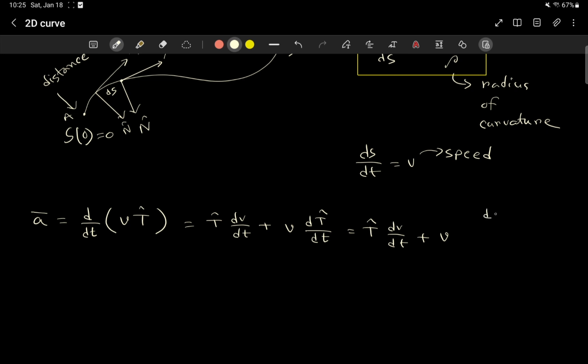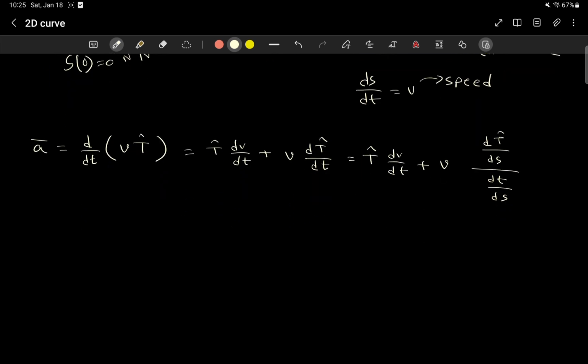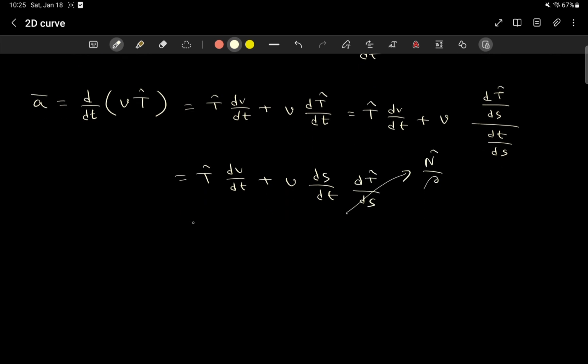We can do something simple here: dT/dt as dT/ds times ds/dt, so we get plus v ds/dt dT/ds, and we have already defined it to be the normal divided by rho, the radius of curvature. So this is v squared, this is also v, so dv/dt T plus v squared, and this rho will come out, divided by rho, normal vector.